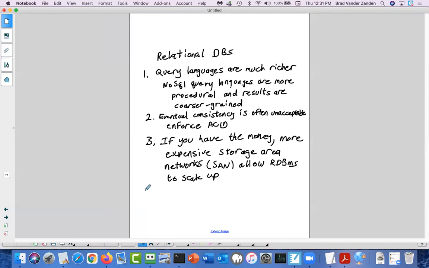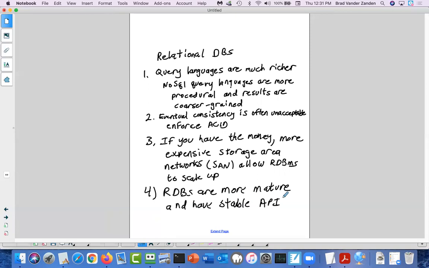The fourth thing is that relational databases are more mature and stable, and have stable APIs. So they have standards essentially.